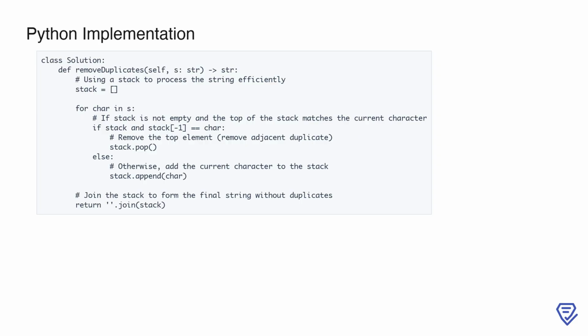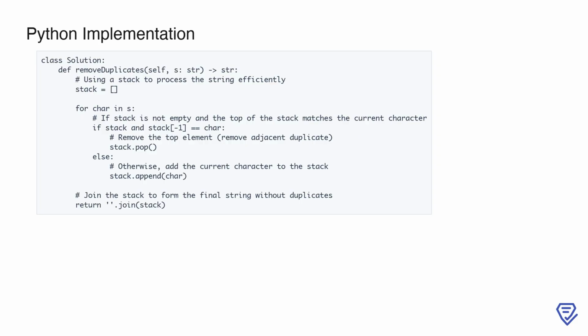Edge cases. If the input string is empty, the function returns an empty string since there are no characters to process. If the input string contains no adjacent duplicates, the function returns the string unchanged. If all characters in the string are duplicates, the function removes all of them and returns an empty string. Time and space complexity.